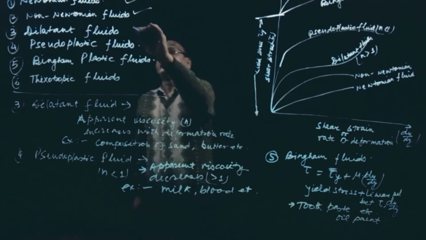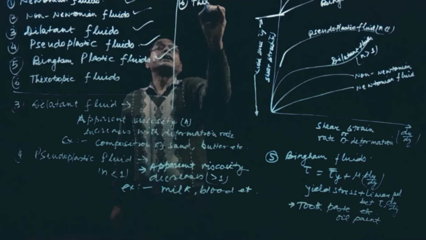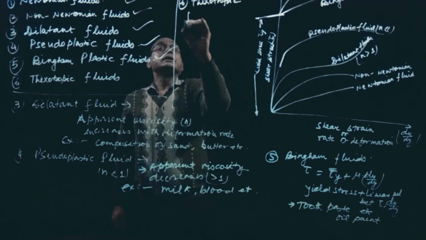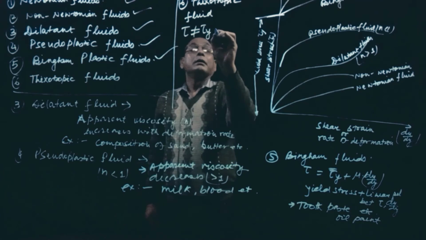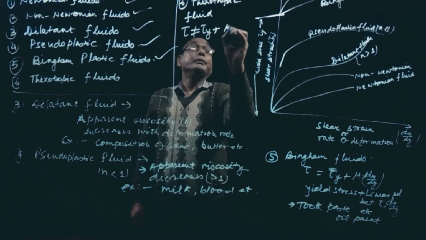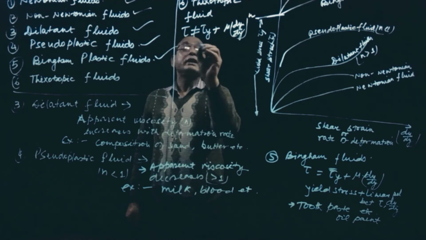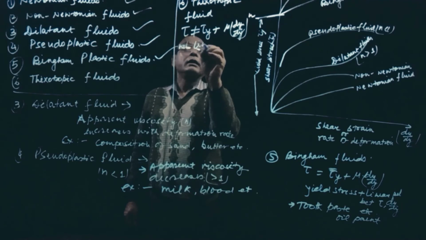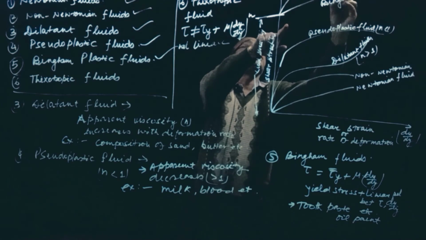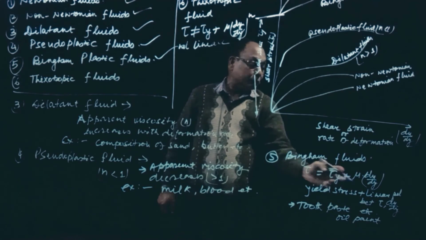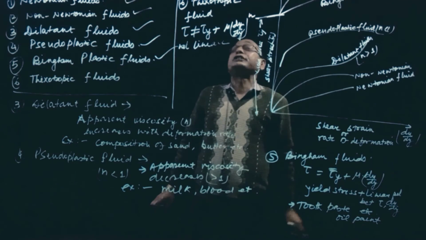Last, I am talking about thixotropic fluids. Here, tau is not equal to tau y plus mu du by dy, it is to the power n. Actually, it is not linear. If it is linear, then it will become Bingham fluids. That I have mentioned here: tau is equal to tau y plus mu du by dy, a linear relation between shear stress and velocity gradient.